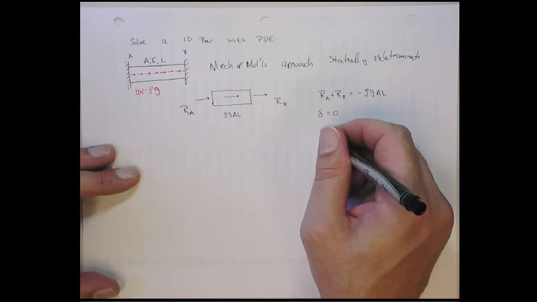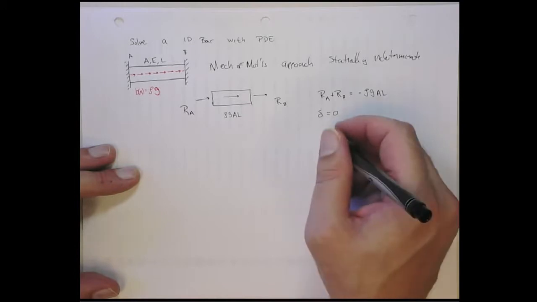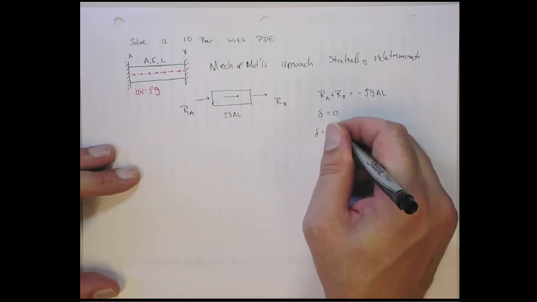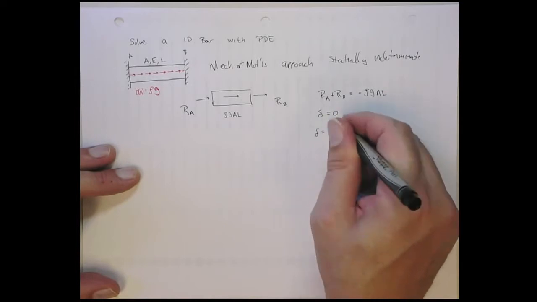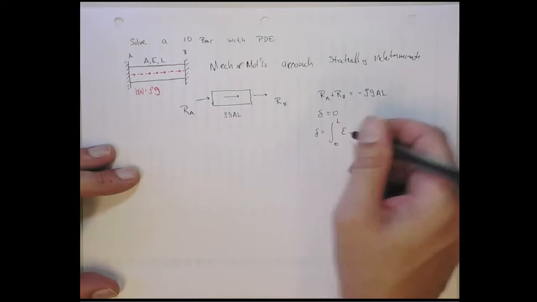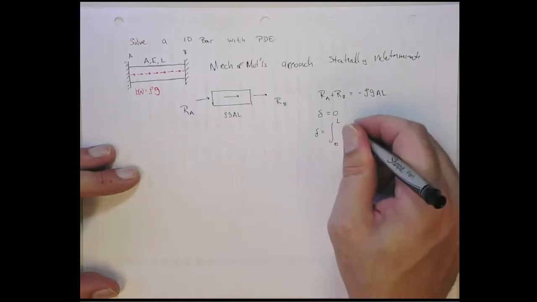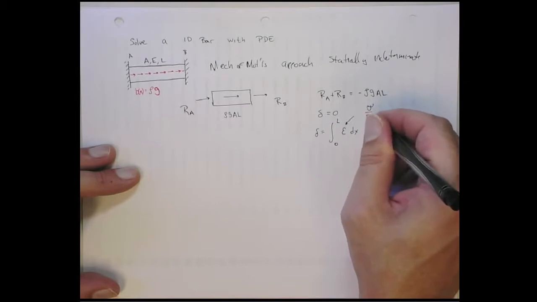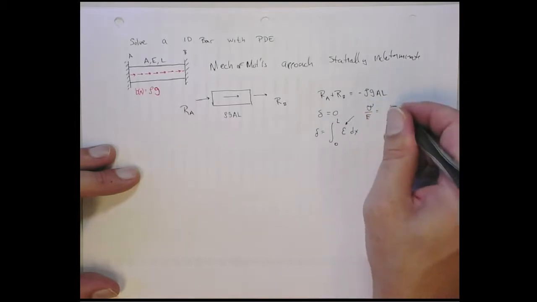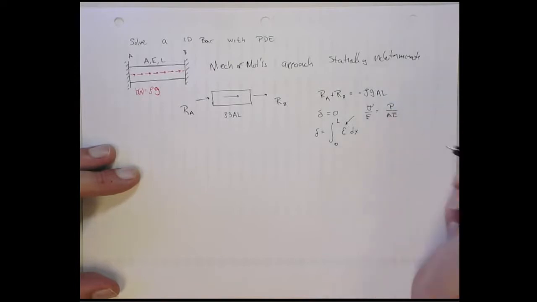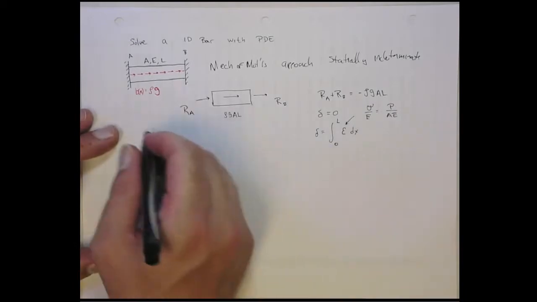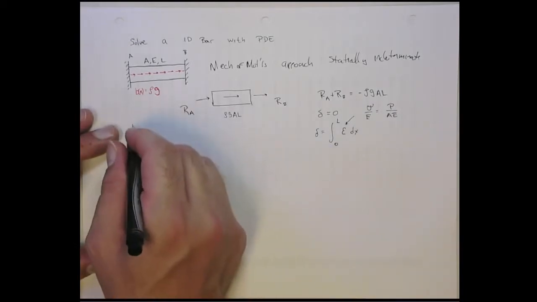And so we want to get the total elongation, which is the integral from 0 to L of the strain. The strain is the stress divided by Young's modulus, which is equal to the internal force over the area times E. And if we draw a free body diagram, we have to pick one side.